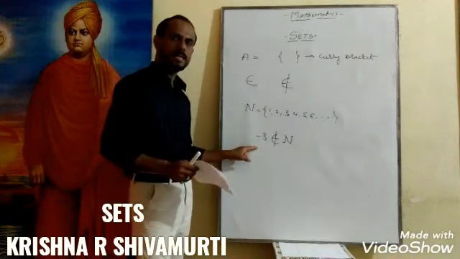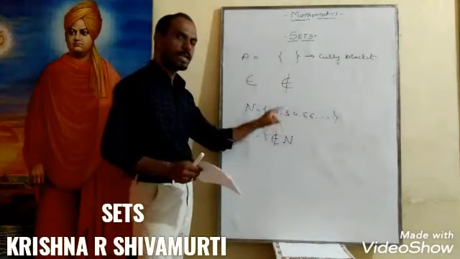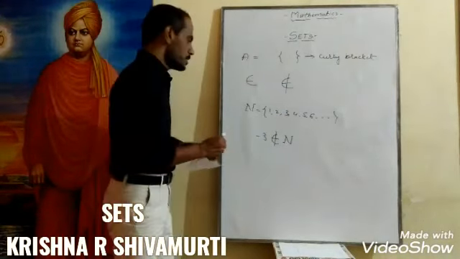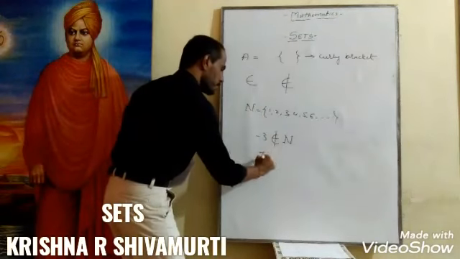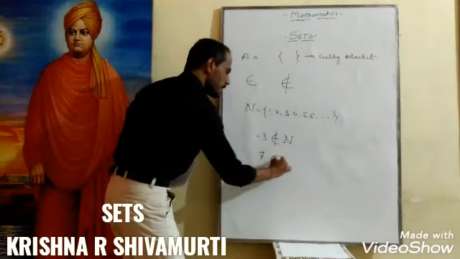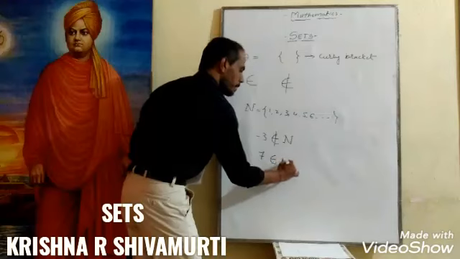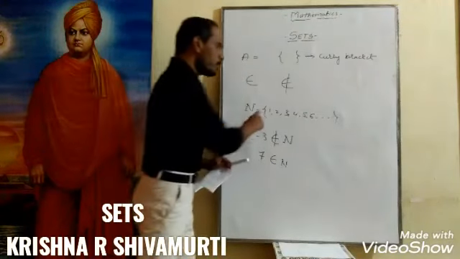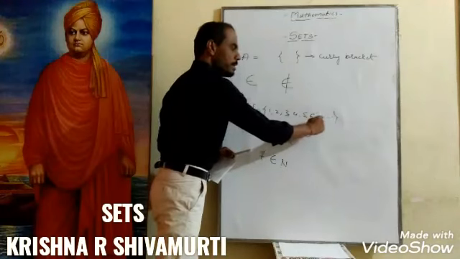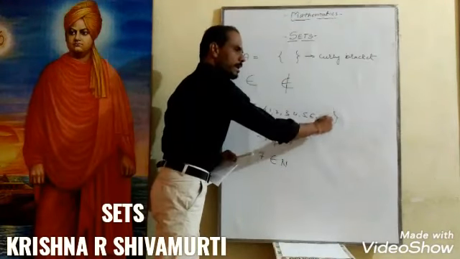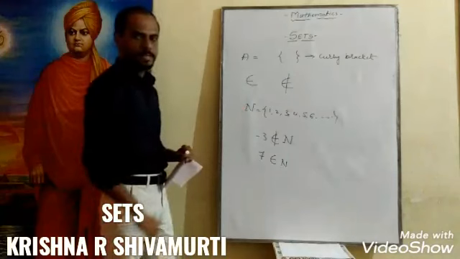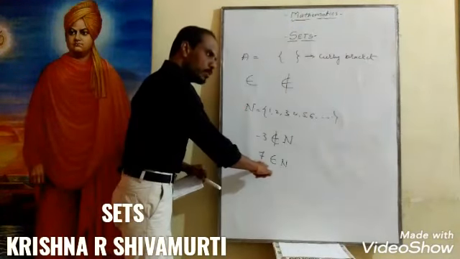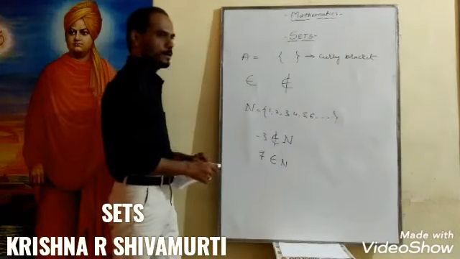Then minus 3 is not an element of N. Suppose I take 7. 7 is an element of N, because the continuation is there, no dash. On this order only we move 7, 8, 9, 10, like that. All the natural numbers are there, so 7 is an element of the set N.